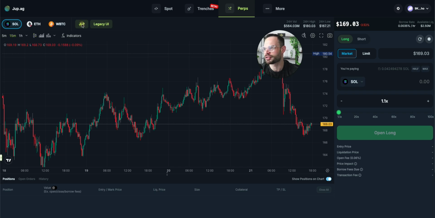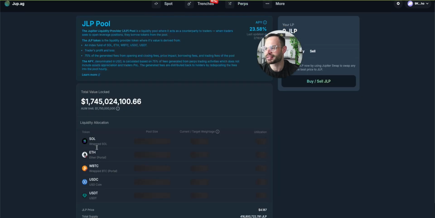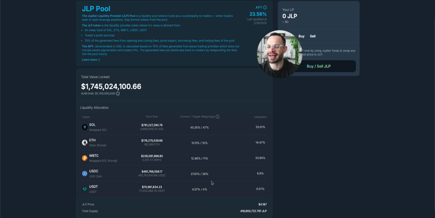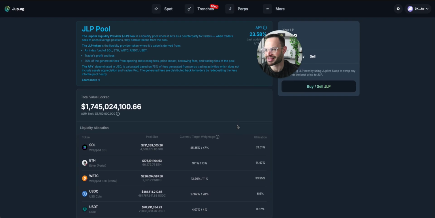The final thing to note is that the JLP token itself is made up of Solana, Ethereum, Bitcoin, USDC, and USDT as the assets underpinning the price itself. You can see the weightage for each of those assets, heavily skewed towards Solana at 47%, 10% Ethereum, 11% wrapped Bitcoin, 28% USDC, and about 4% USDT.